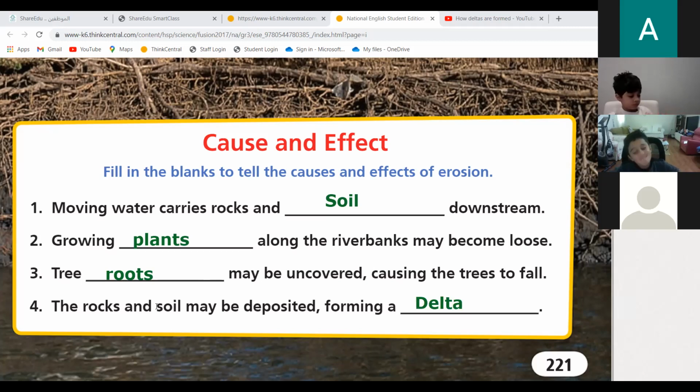So when the rocks and soil are moved from one place to another in the entry of the ocean, they will form delta. Okay, very good.